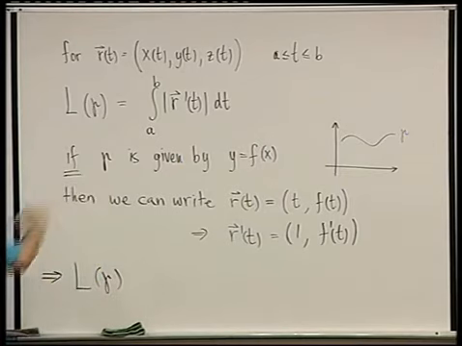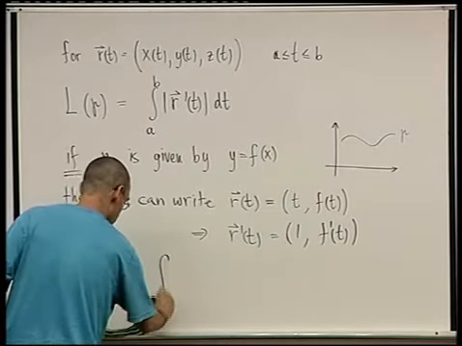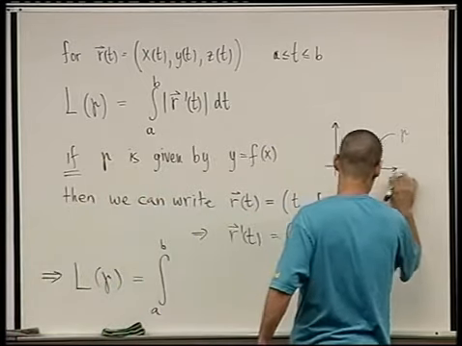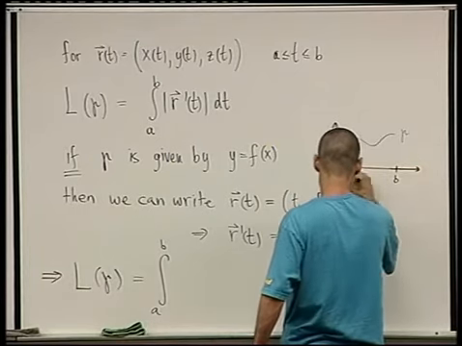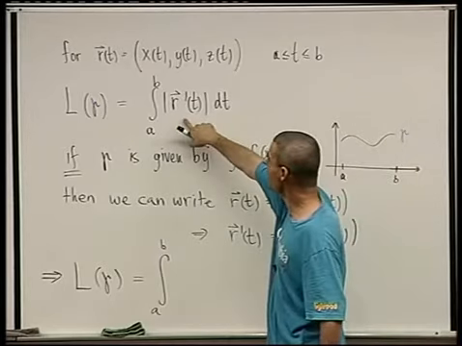If gamma is given by the graph of the function, then L of gamma is the integral from a to b, and this time a and b are simply the bounds on which f is defined, of the length of r prime.